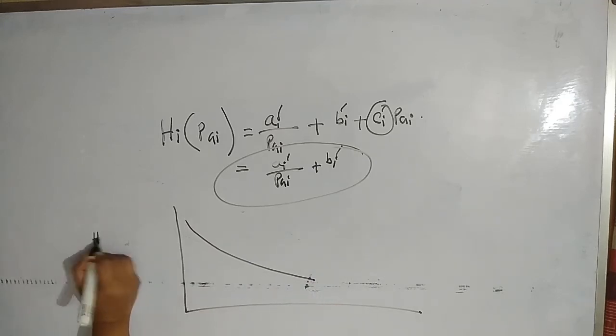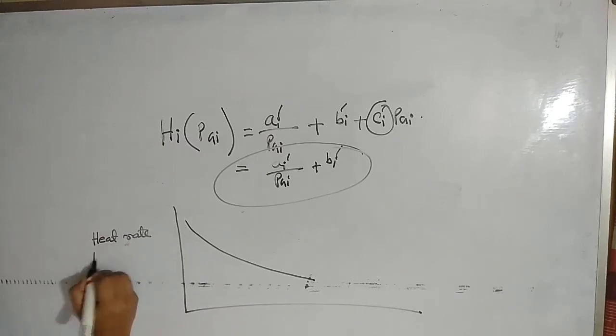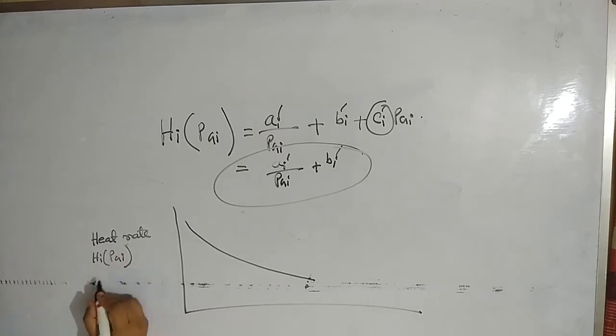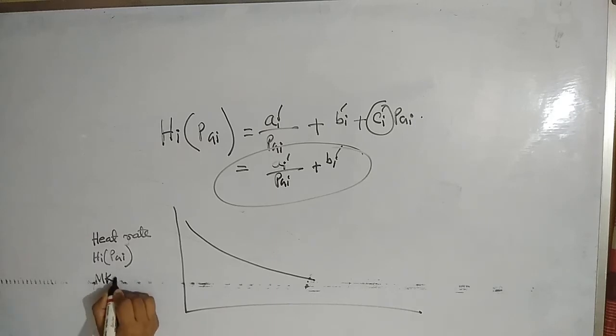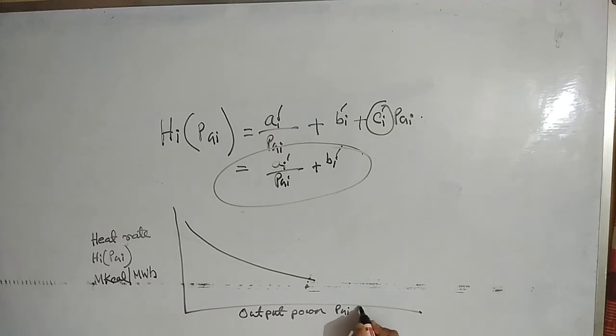Now the y-axis is heat rate, HI of PGI, unit is mega kilocalorie per megawatt hour, and the x-axis is output power, PGI in megawatt.